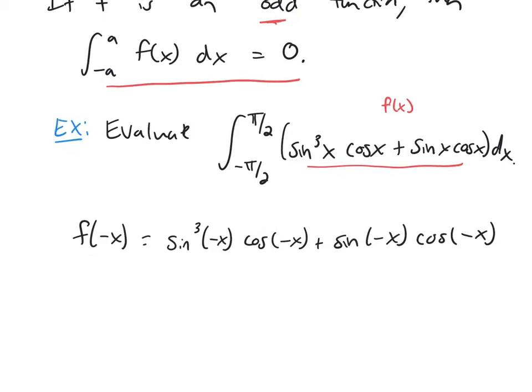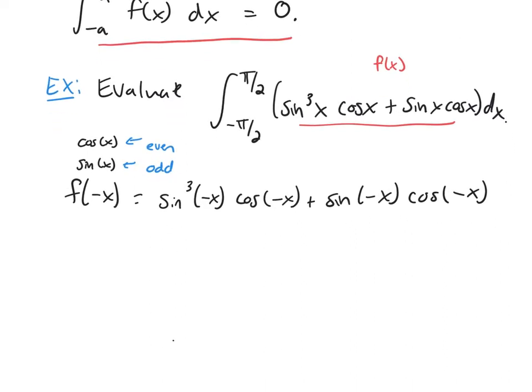Now, cosine is an even function, and sine, if you look at the graph of that, you'll see that sine is odd. So here, because sine is odd, I'm going to get a negative sine cubed of x. Cosine of negative x is the same thing as cosine of x because cosine is even.